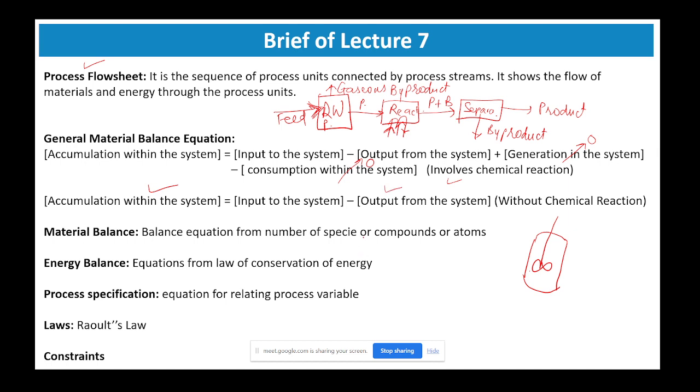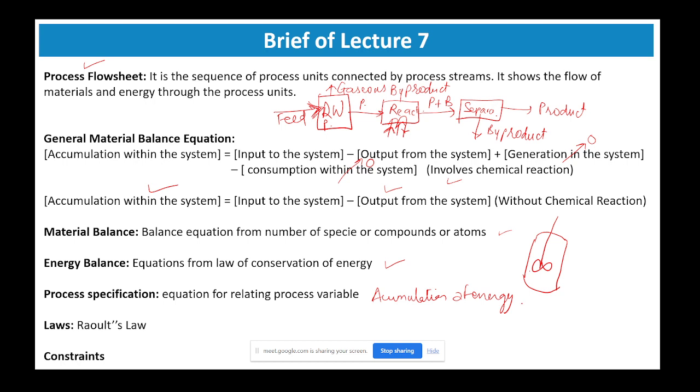So next comes what kind of balances can happen. One is material balance, which we can write for the species or the compounds or even for atoms. Another is energy balance. Similar to material balance, energy can also be written in terms of accumulation of energy. Now, how is energy accumulated?